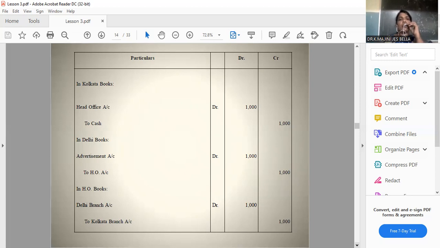In Delhi books, advertisement account debtor 1000 rupees to head office account. But in the case of head office books, Delhi branch account debtor 1000 rupees to Kolkata branch account 1000 rupees. This is the journal entry for this.